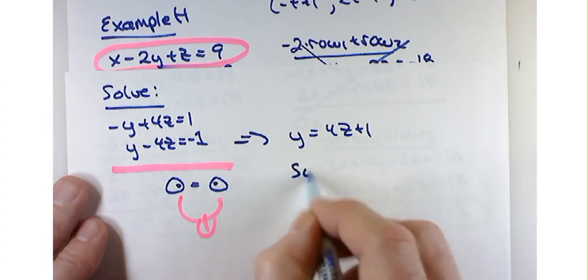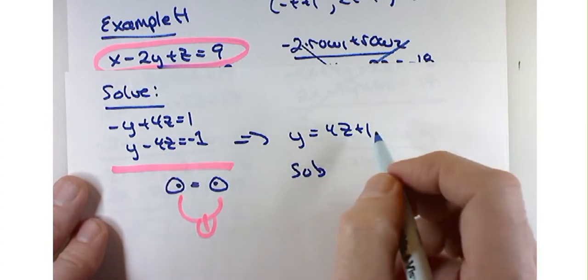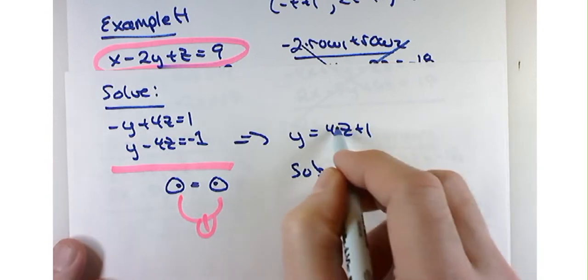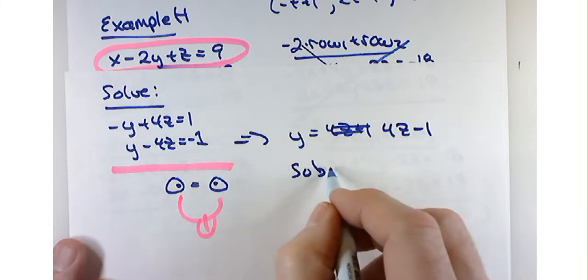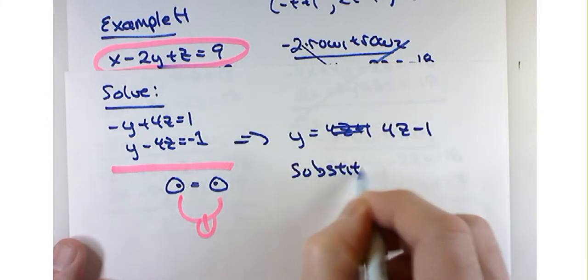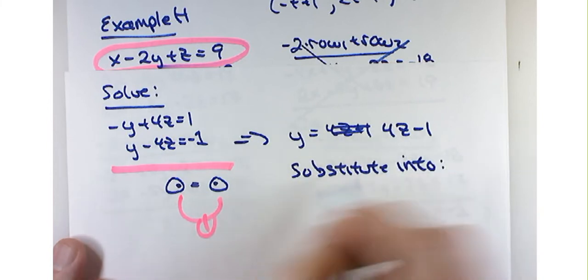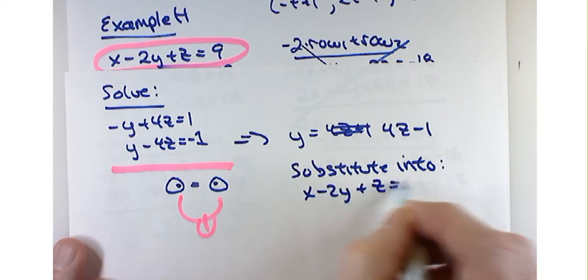So, substitute y equals 4z minus 1, yeah, minus 1, thank you, into x minus 2y plus z equals 9.